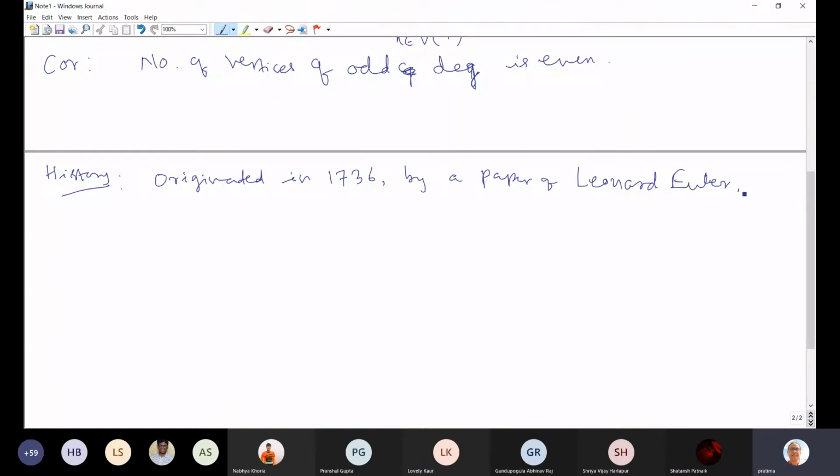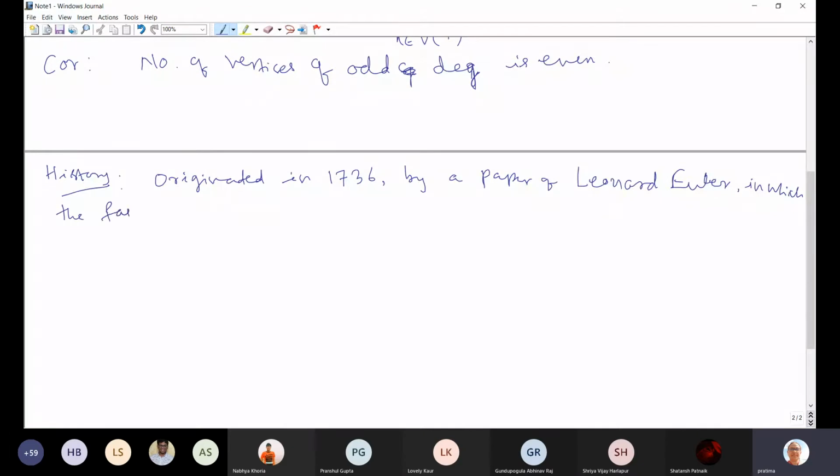The paper was on solving a puzzle. It was a paper of Euler in which a puzzle was addressed, in which the famous Königsberg bridge problem was solved.